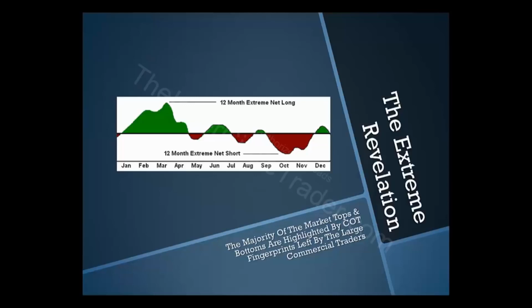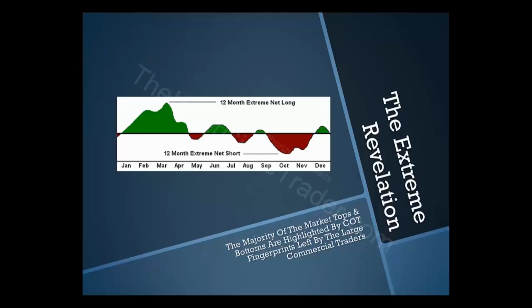But if they're at extreme levels, net long and net short, okay, think about it, because they're greedy just like us. They're trying to save money and they're trying to make a profit. Okay, otherwise, why are they in business? They're not in business for the fun of it. They want to have a net gain and profit. So if they're net long, okay, the highest they've been in the last 12 months, we would be expecting a major bottom to be forming.